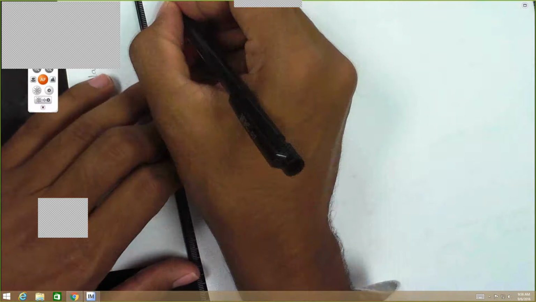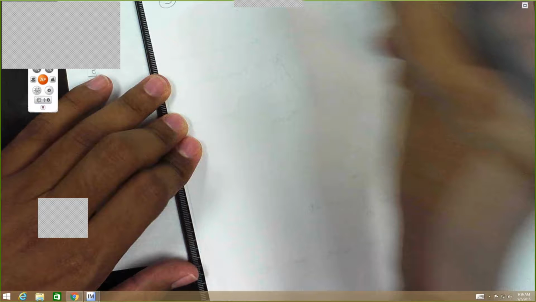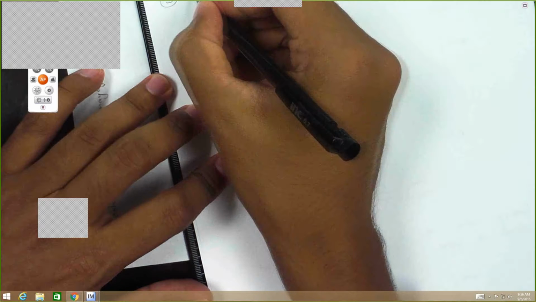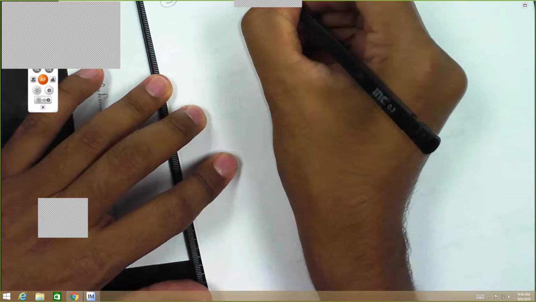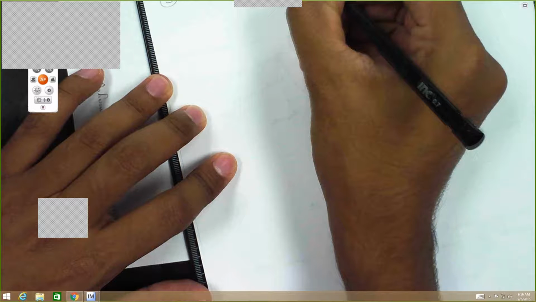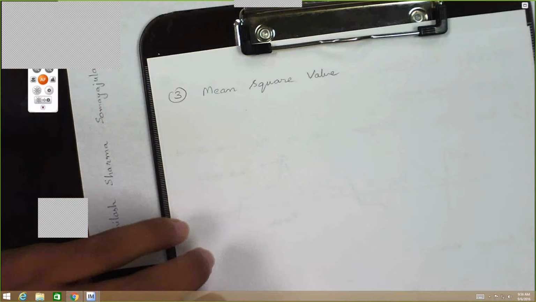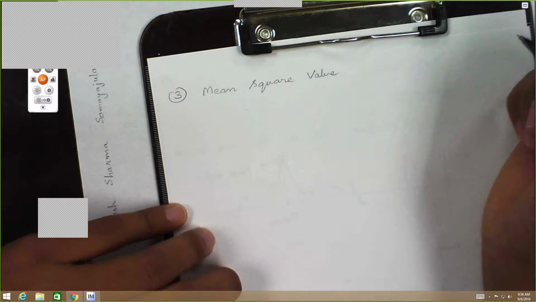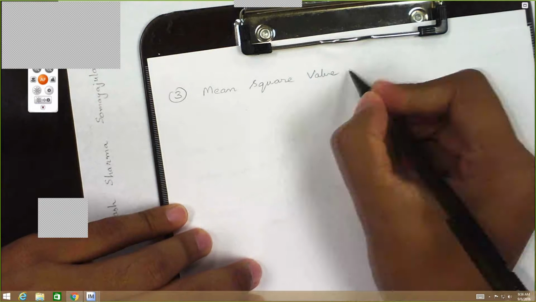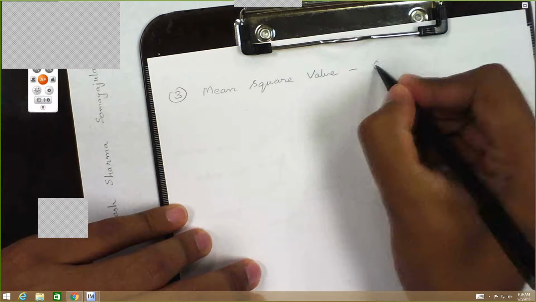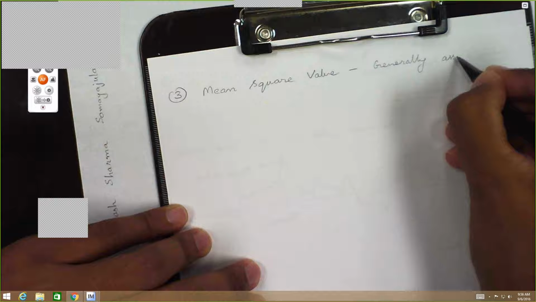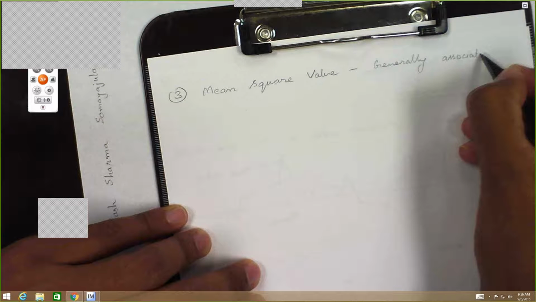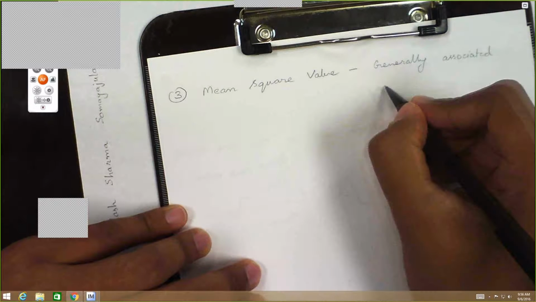Now the third thing we'll talk about is mean square value. And this mean square value is generally associated with energy.